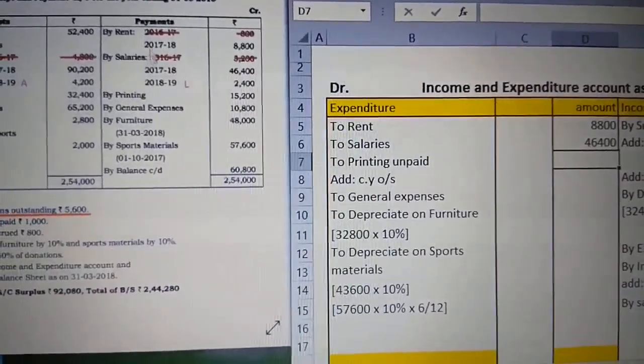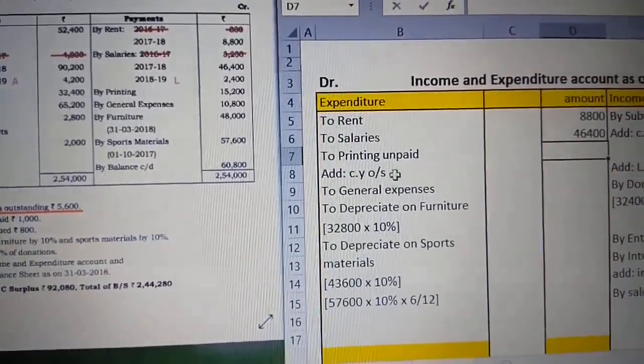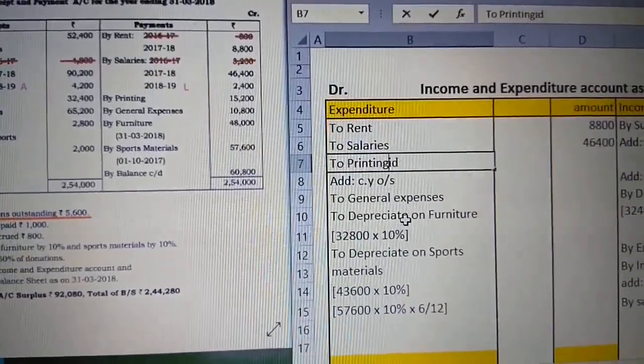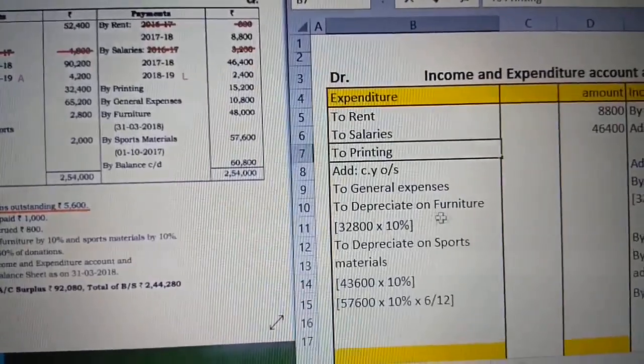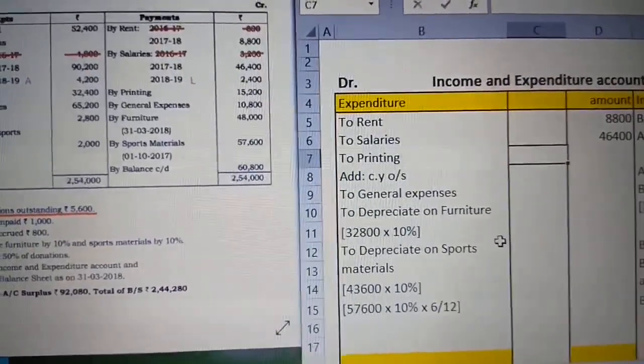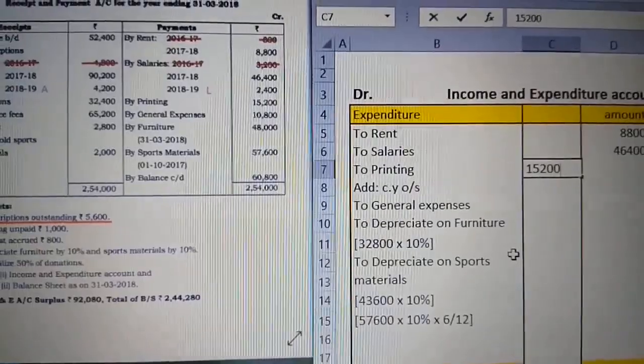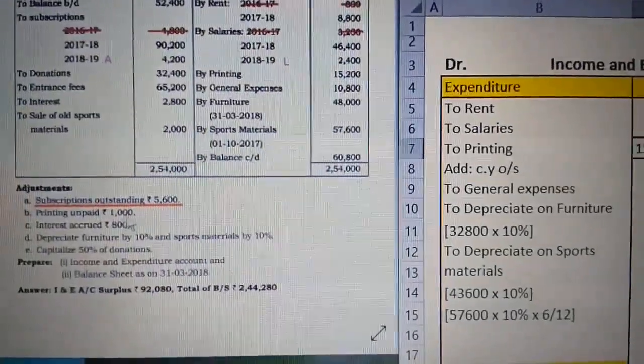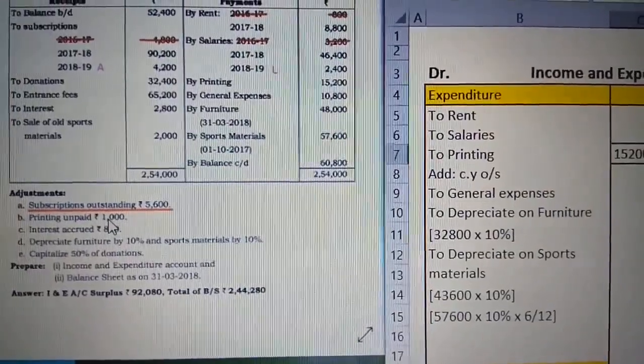Next, printing unpaid. So here we have printing for the current year under the payment, which is paid, given as 15,200. And could you all find 15,200? And could you all go and adjust under the adjustment and see again?